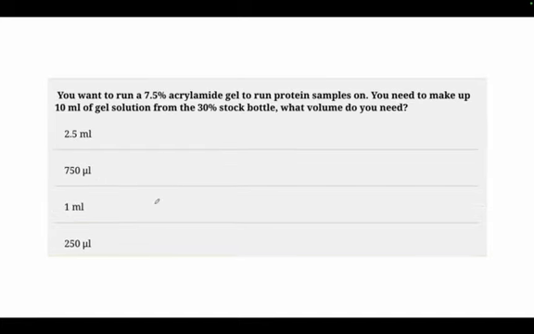You want to run a 7.5% acrylamide gel. You need to make up 10 ml of gel solution from a 30% stock bottle. So what volume do we need? To do this, you need to know one of the most basic formulas you'll use in a lab, which is C1V1 equals C2V2.